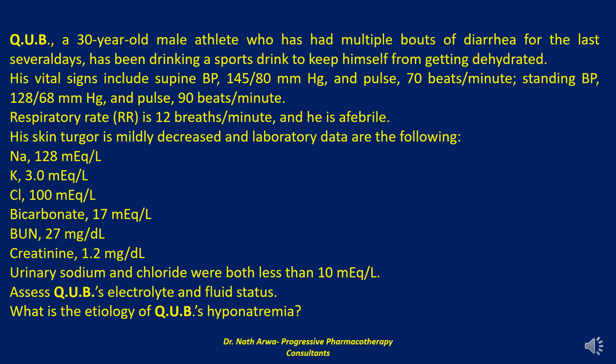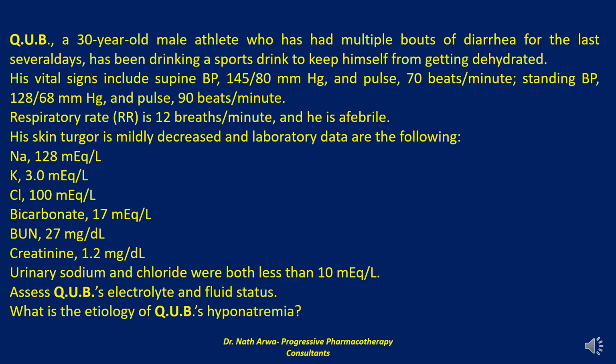His vital signs include supine blood pressure, 145 systolic 80 diastolic, and pulse, 70 beats per minute; standing blood pressure, 128 systolic 68 diastolic, and pulse, 90 beats per minute. Respiratory rate is 12 breaths per minute, and he is afebrile. His skin turgor is mildly decreased and laboratory data are the following.